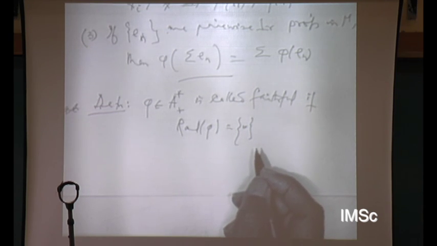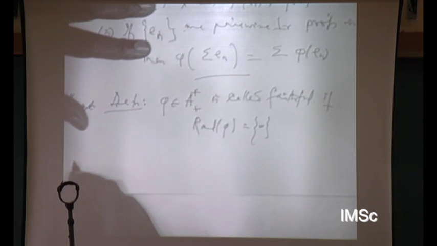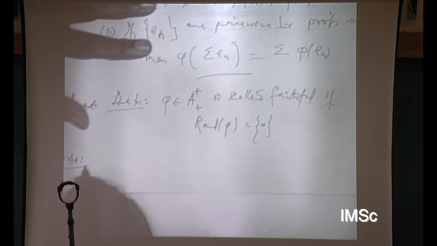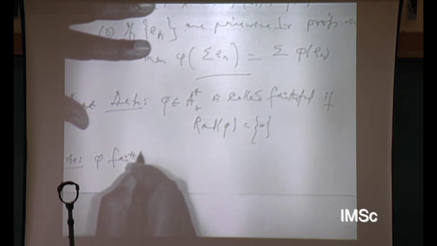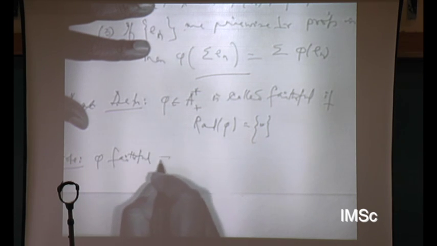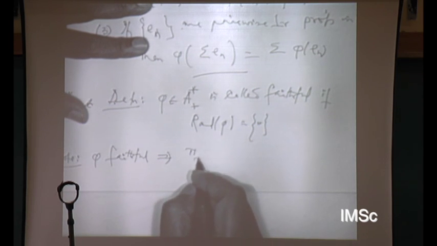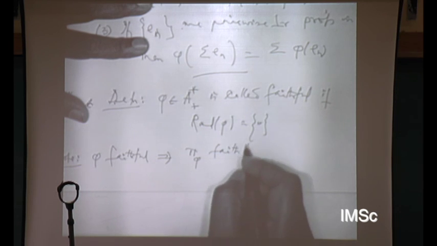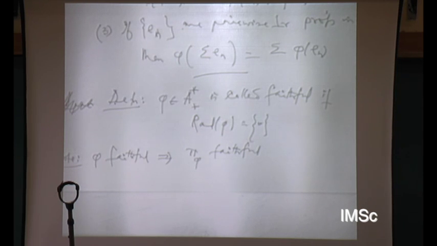Now it should be clear that if phi is faithful, that implies pi phi is faithful. So what does that mean? Suppose pi phi of x is 0.